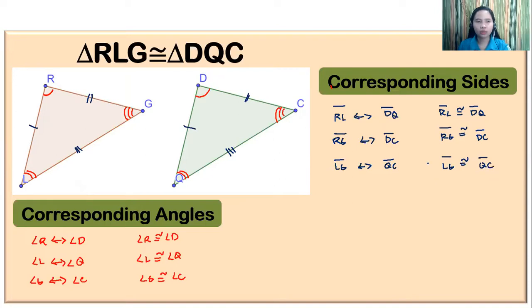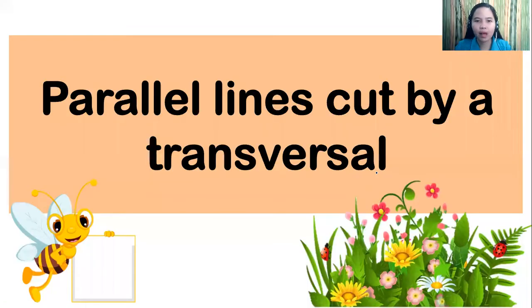Two triangles are congruent if the corresponding parts, which are the angles and sides, are also congruent.